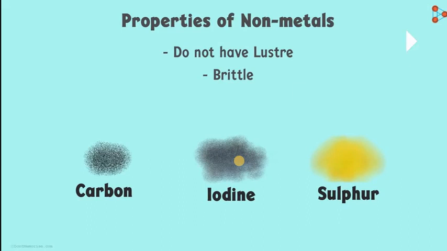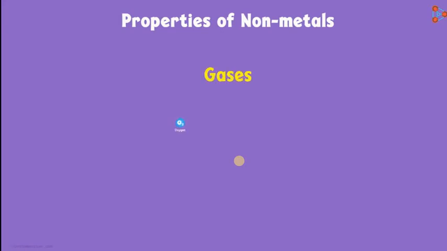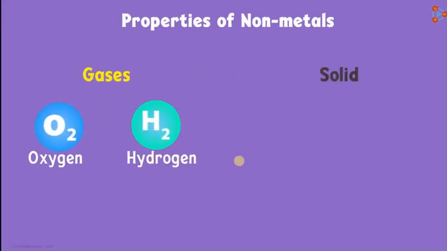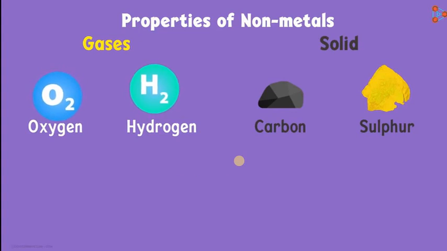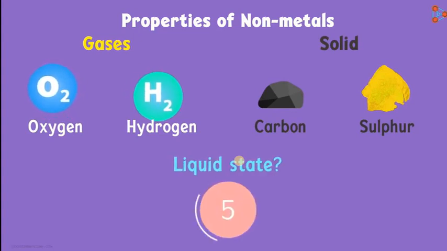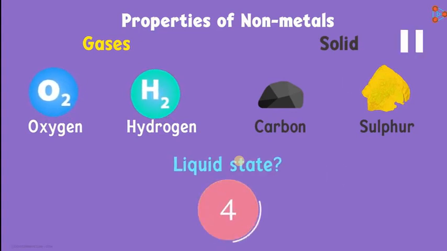Okay, so we'll now go straight into the properties of nonmetals. We'll find that nonmetals are usually found as gases or solids, with the exception of one non-metallic element, which is found as a liquid, right?